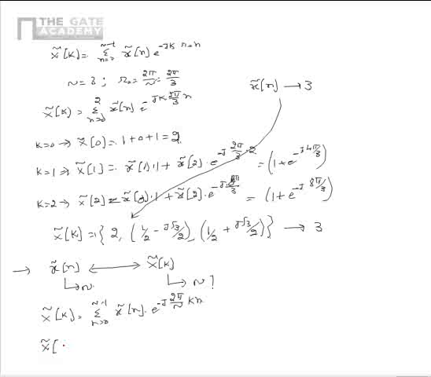So for proving that X of k is periodic with period N, we have to show that capital X of N plus k is equal to capital X of k for every k.